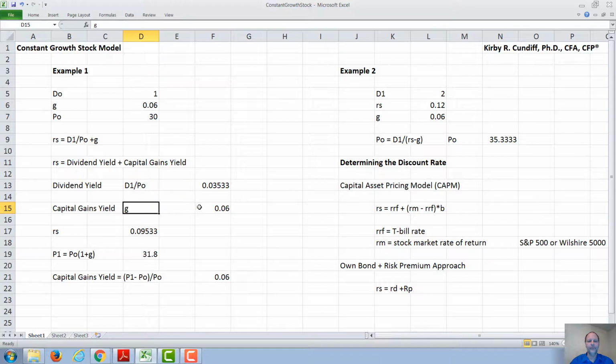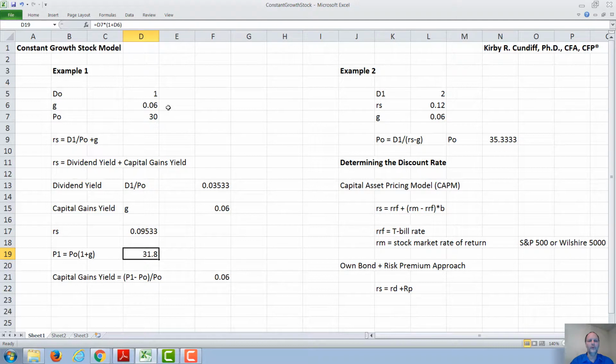The capital gains yield G is 6%, and therefore the total rate of return of the security is 9.533%.